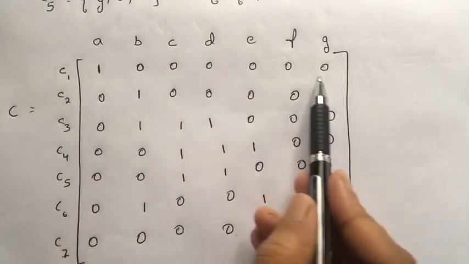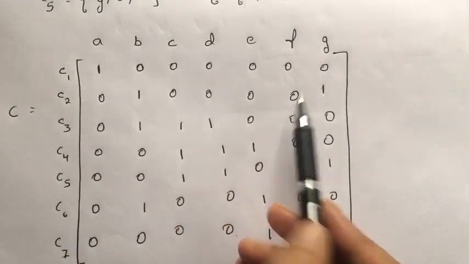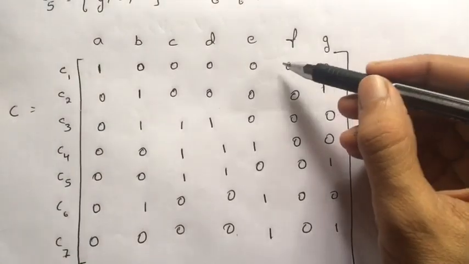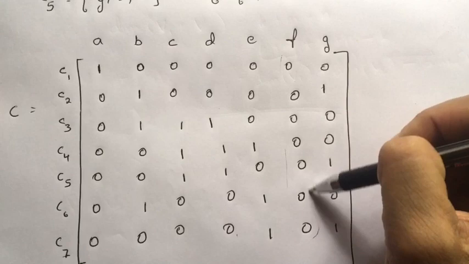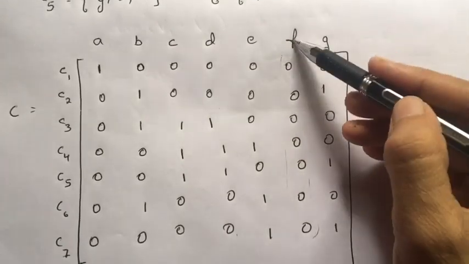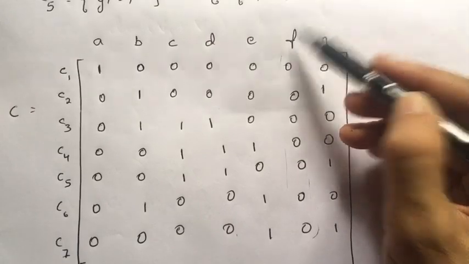Each row is a cutset vector, and if any column has all entries equal to 0, that edge forms a self loop.